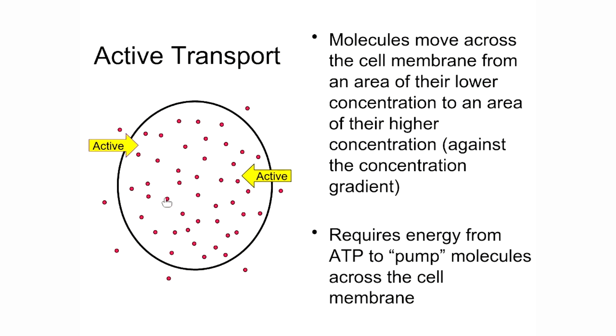Because it's against the concentration gradient, because it's against what would happen naturally, there's not a lot of force that would push these guys out here that are so spread out from each other into the cell.